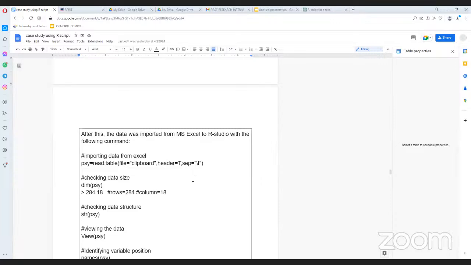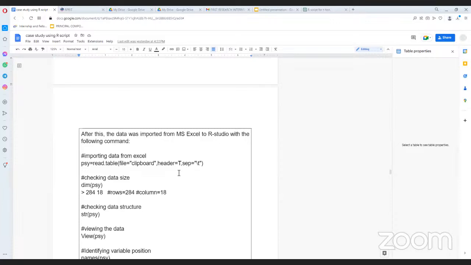Hashtag, importing data from Excel. Please read the code. Okay, sir. psy <- read.table(file = "clipboard", header = T, sep = "\t"). The hashtag means a comment.